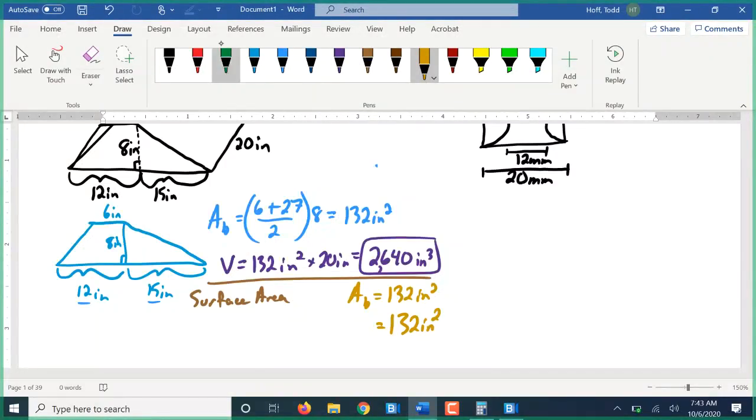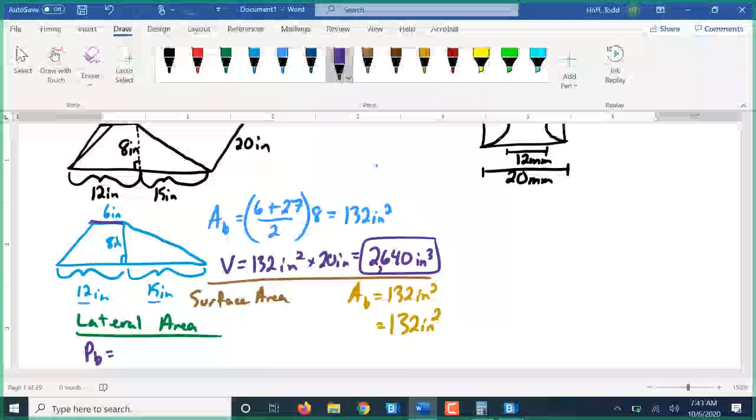For the lateral area, we need to know the perimeter of the base. So we have the 6 here. If I cut this down here, that actually would split this 12 into 6 inches and 6 inches.